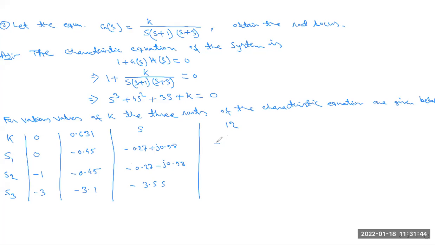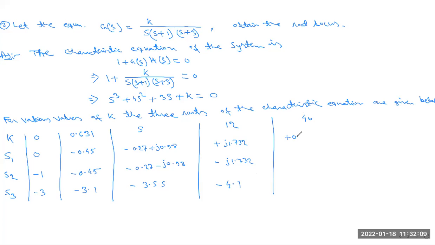So this value is coming plus j 1.732, and the negative sign is coming minus j into 1.732, then also minus 4.1. Okay, so this process is continuing. The last point we have to put is at 40, that is k equals 40.